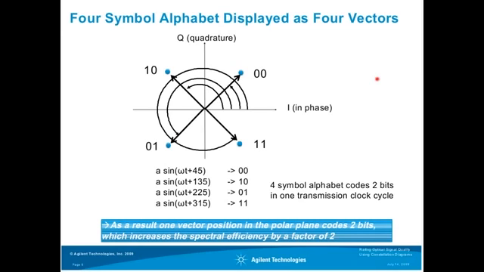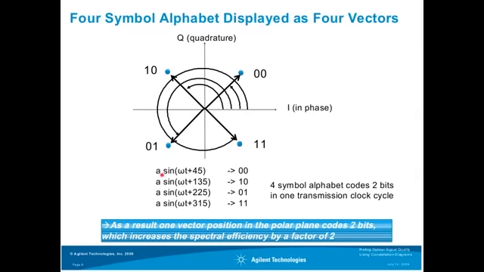And now I would like to go back to our first introduced constellation diagram. And I have represented these 4 coded vectors in this constellation diagram. And you can see here each of the 4 vectors and the corresponding bit sequences that relate to these points in the constellation diagram.